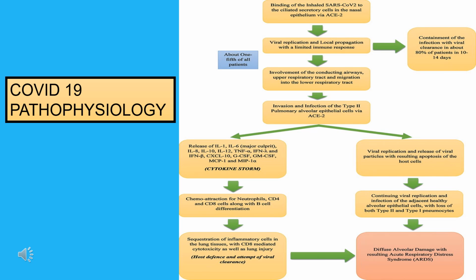Due to the persistent injury caused by the sequestered inflammatory cells and viral replication, there is loss of both your type 1 and type 2 pneumocytes. Hence, this epithelial injury leads to diffuse alveolar damage, eventually culminating in an ARDS syndrome.